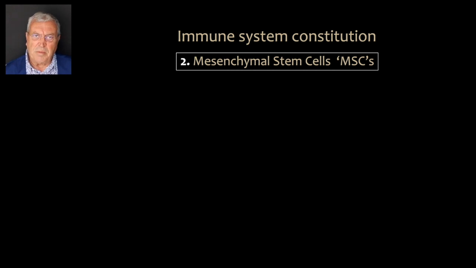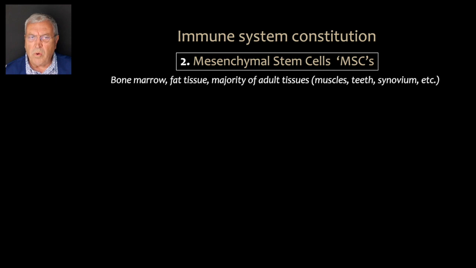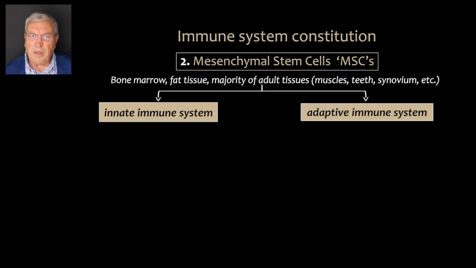The mesenchymal stem cells, we find them in the bone marrow, the fat tissues. The majority of adult tissue has muscles, teeth, synovium. What's their function? It's to regulate the two immune systems, innate and adaptive.